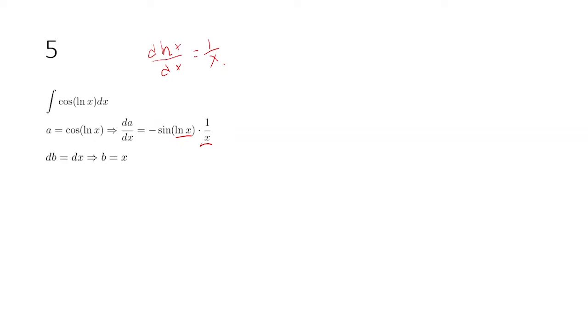And we're going to substitute db is equal to dx, so simply b is equal to x. So we can do this problem here, where the integral of cosine of natural log of x with respect to x would equal x multiplied by cosine of ln x minus the integral of negative sine of the natural log of x multiplied by 1 over x multiplied by x dx.